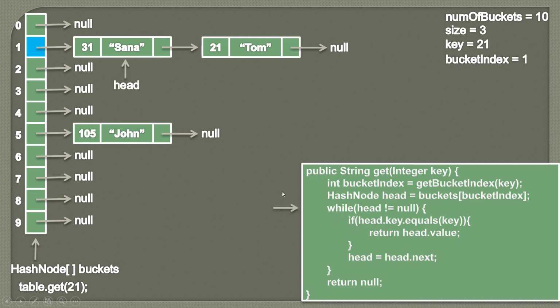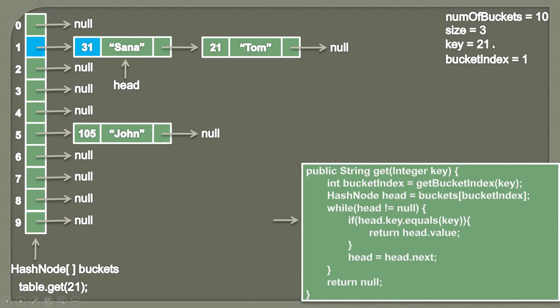We provide a while loop because here we have a list from which we want to search our key. So we simply check whether head is equal to null or not. Here you can see head is not equal to null, so this condition comes out to be true. We provide an if condition that if head.key equals key, it means that we have found our key. Currently head.key is 31.